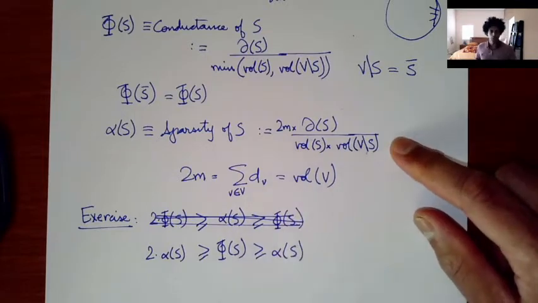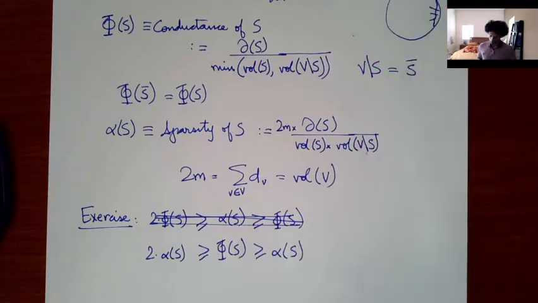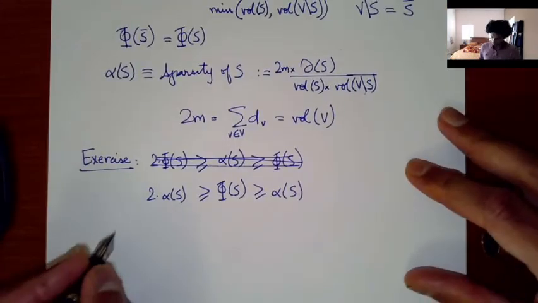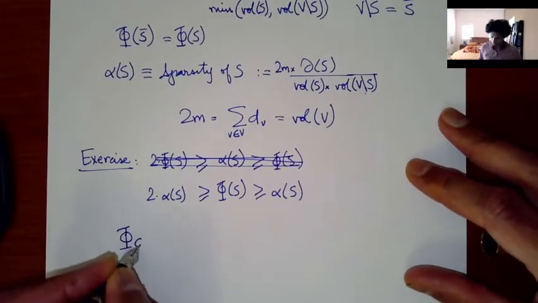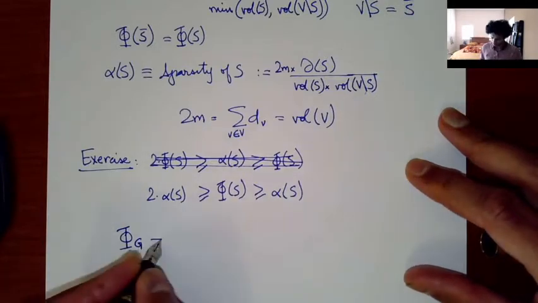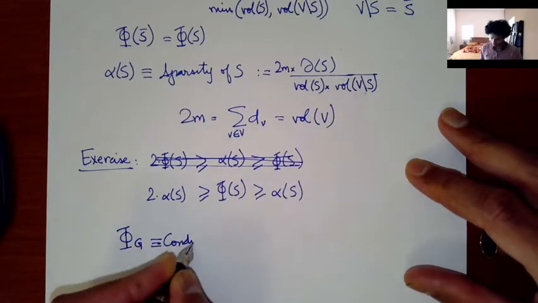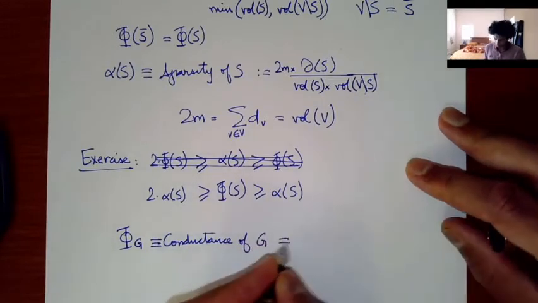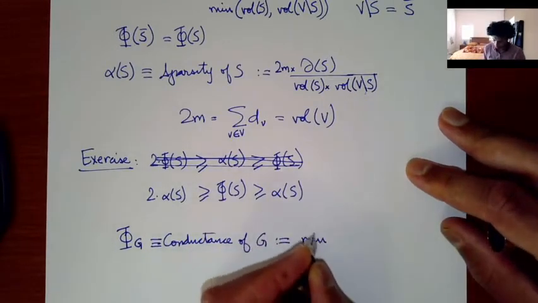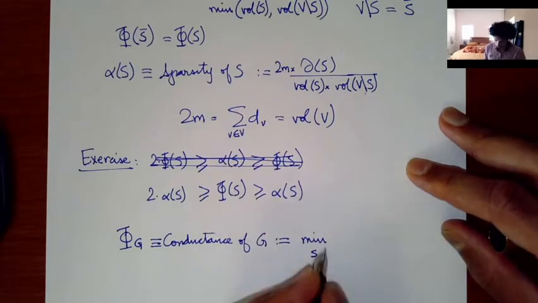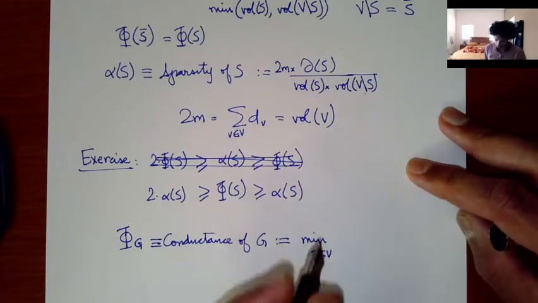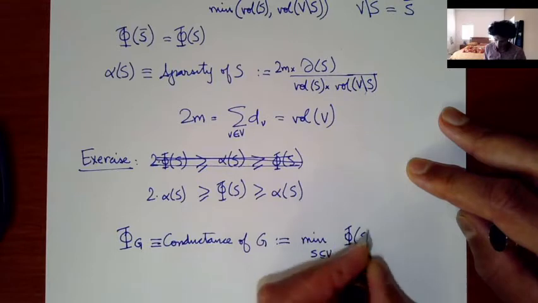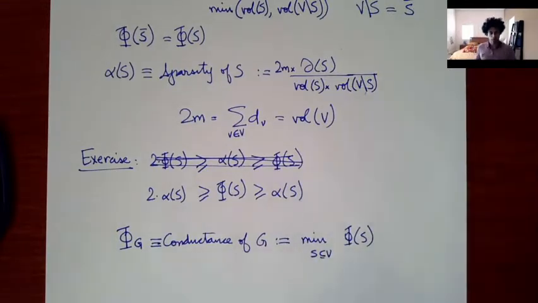Sometimes you'll refer to what is called the sparsest cut or the minimum conductance cut. So the conductance of the graph we will define as the minimum over all sets S of the conductance of the set.